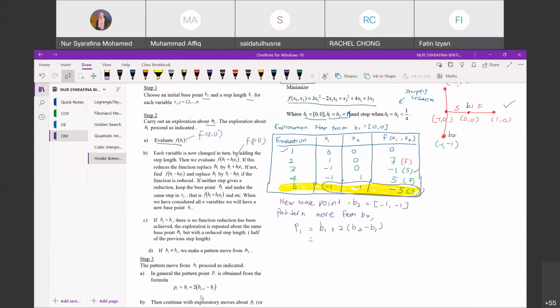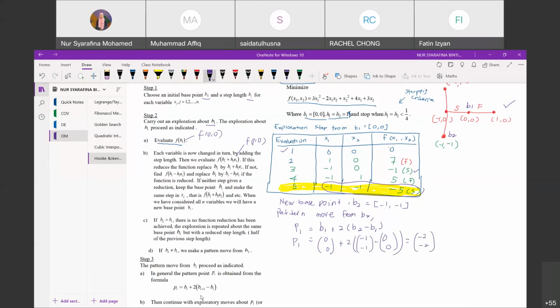Your B1 is 0, 0 plus 2, B2 is minus 1, minus 1, minus 0, 0. This is how you obtain the pattern move, which here equals minus 2, minus 2.